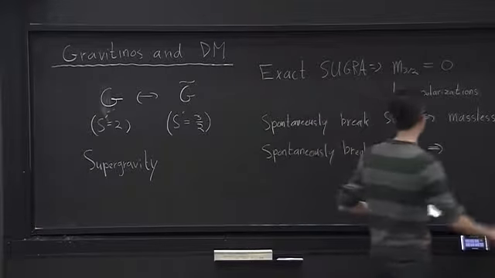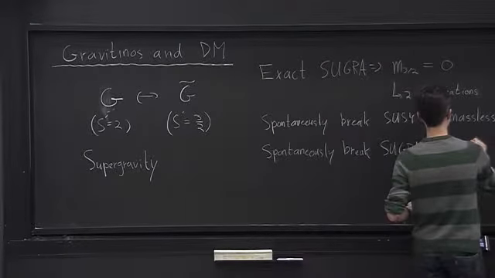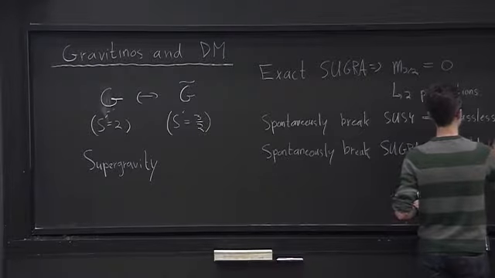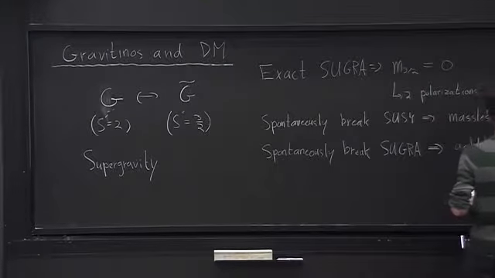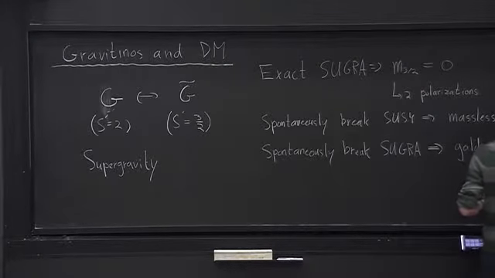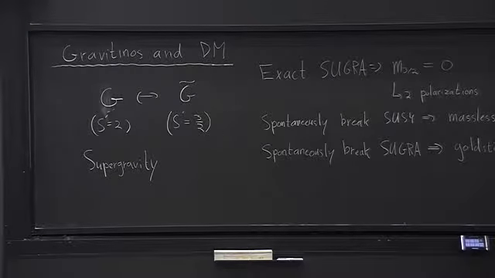So what ends up happening is my Goldstino is eaten by the gravitino to make a massive spin 3/2 particle.